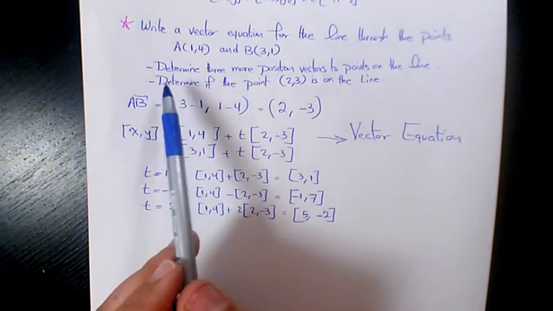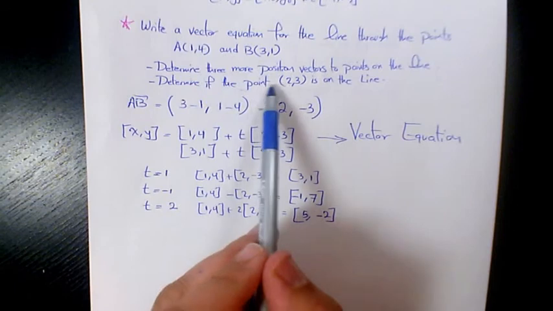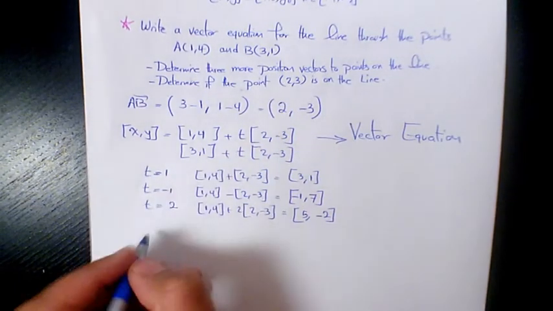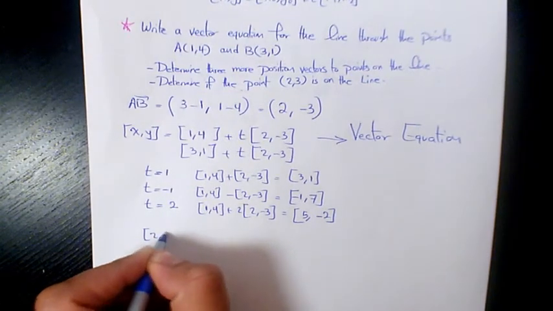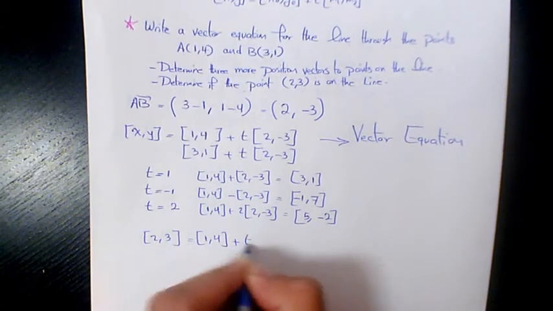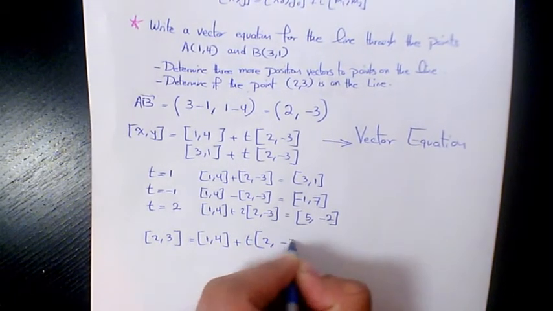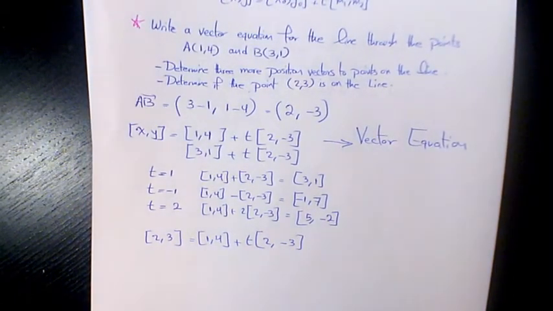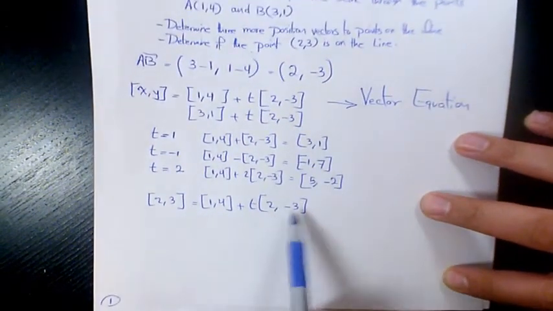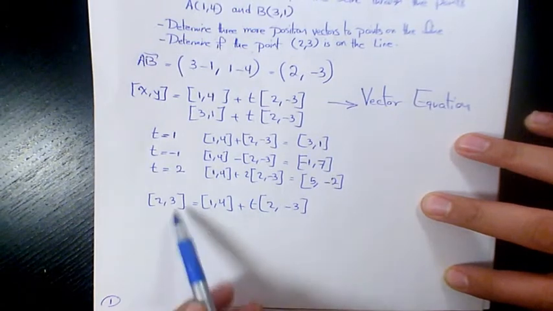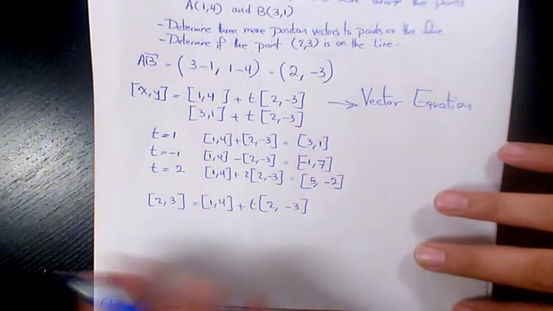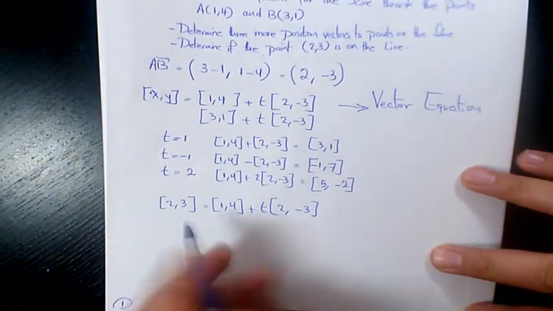Now the last part says determine if the point (2, 3) is on the line. So we can say (2, 3) is on (1, 4) plus t(2, negative 3), the vector equation that we found here. If I get the same t for x and y, it means that yes, (2, 3) is on the line. If the two t's are not the same, it means that (2, 3) is not on the line.